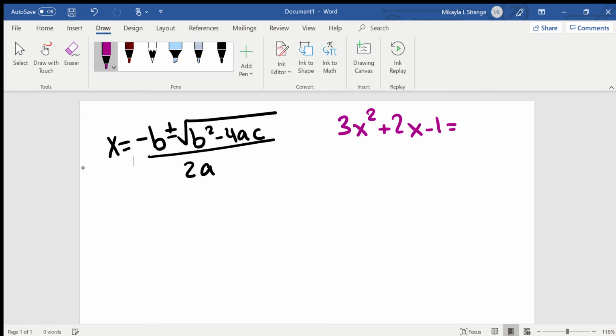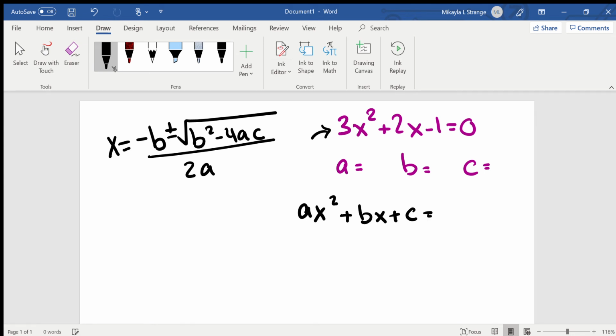Okay, the first problem I want to go over is 3x squared plus 2x minus 1 equals 0. And don't forget, when we're solving these, we're going to be labeling what a, b, and c are. We have to memorize that this is really going to be in the normal form of ax squared plus bx plus c equals 0.